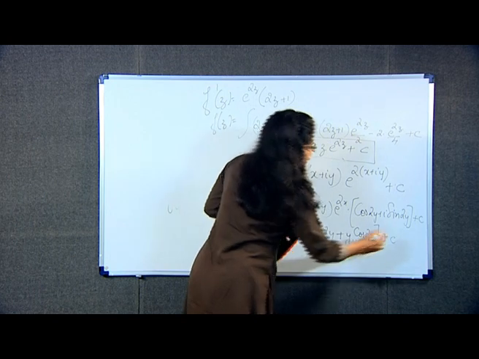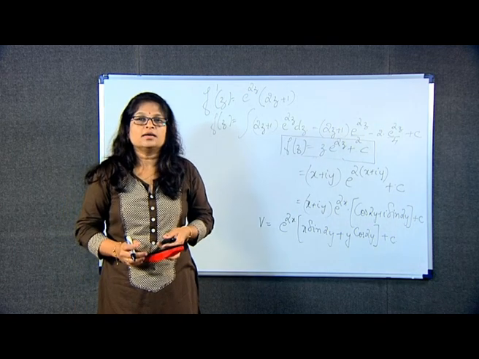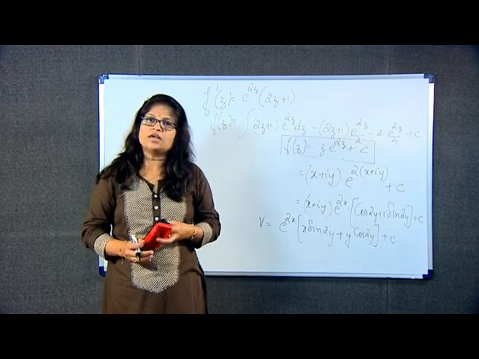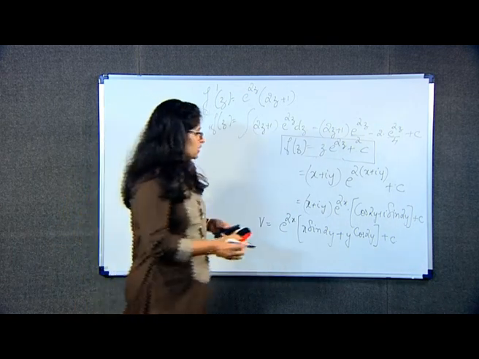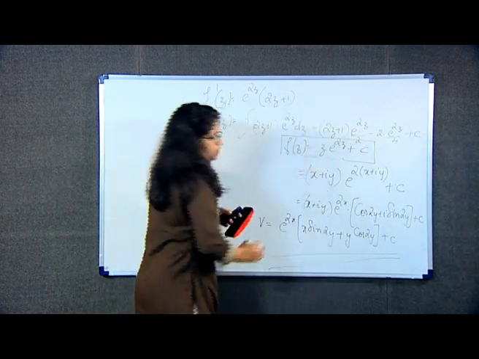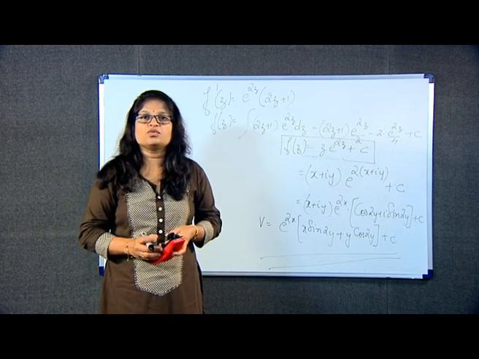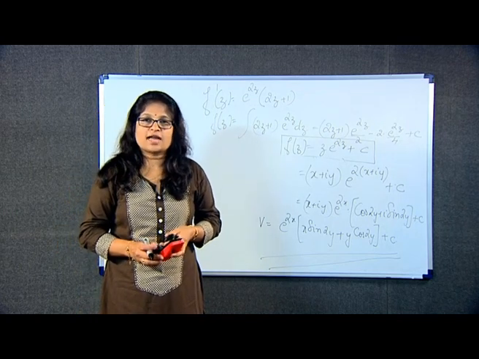There is no more information about the constant of integration. It can either be a real constant or else a complex constant. So, let us add that c together with v. So, your v is nothing but e raised to 2x into (y cos 2y plus x sin 2y).